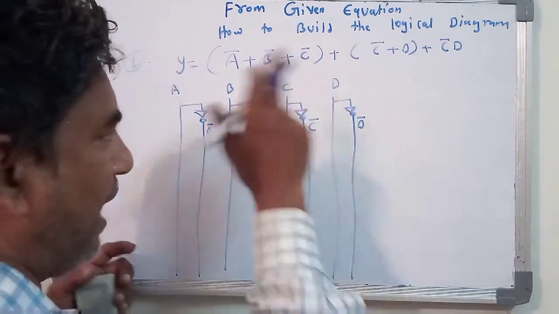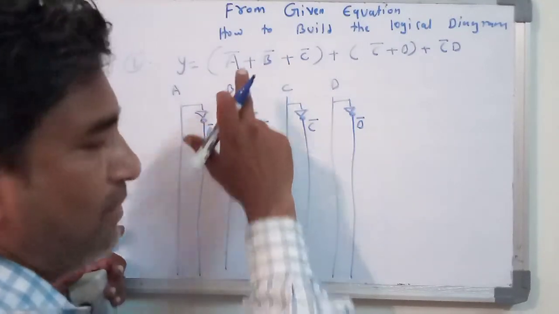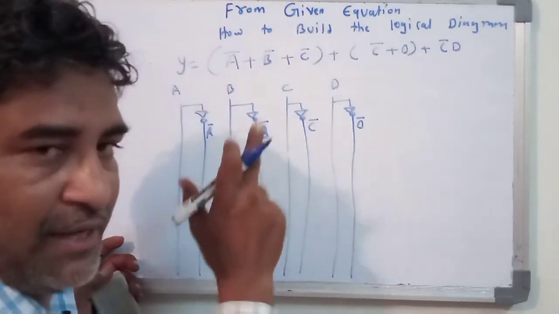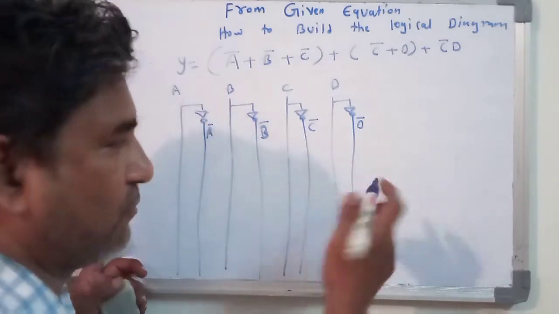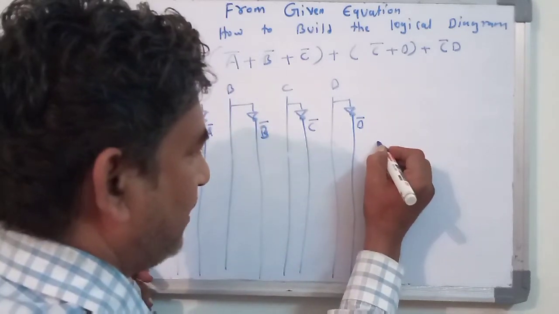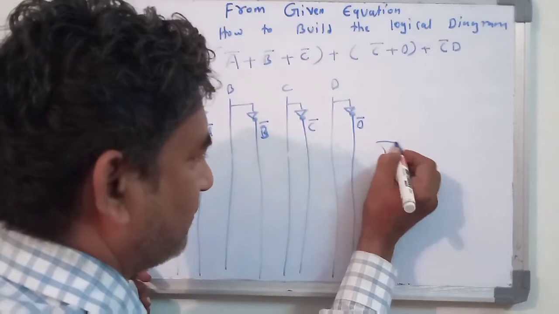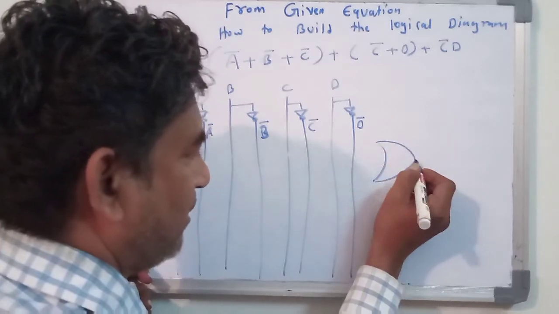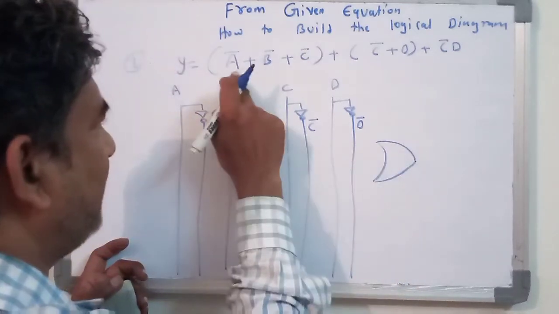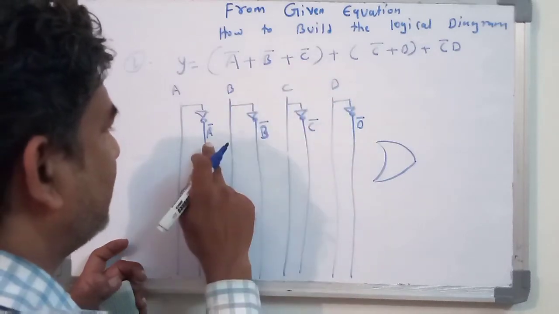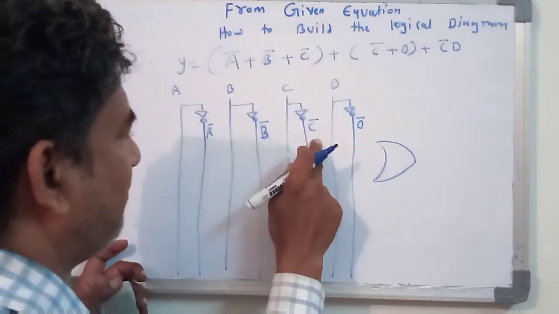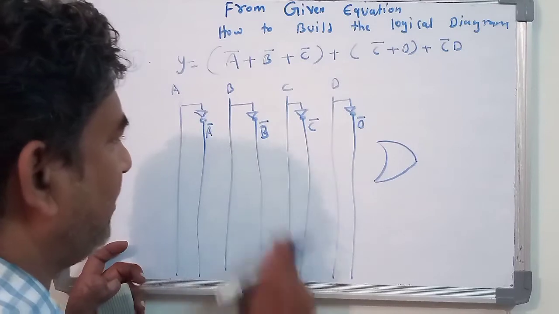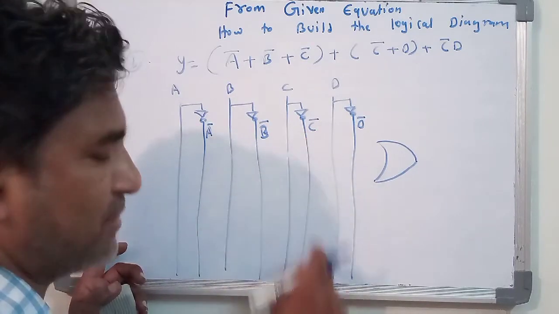Okay students, the addition gate is the OR gate. So only one single OR gate you have to draw like this. And the three inputs are A bar, B bar and C bar, where the A bar line, B bar line and C bar line are there.